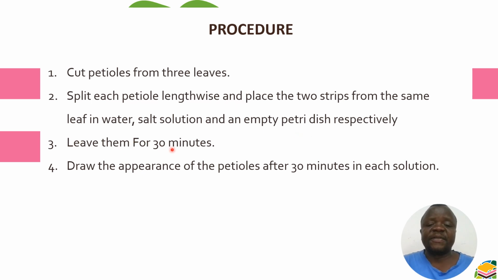So you leave them for 30 minutes. Then number four, you draw the appearance of the petioles after 30 minutes in each solution. So you have to draw the appearance. How do they look like? So we can see theoretically how these drawings or diagrams will appear at the end of the day.